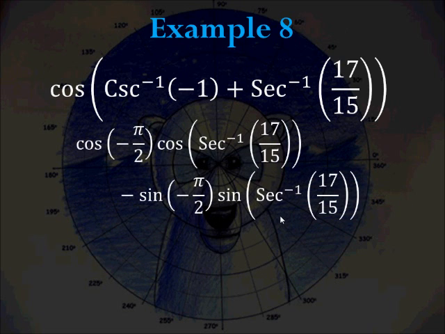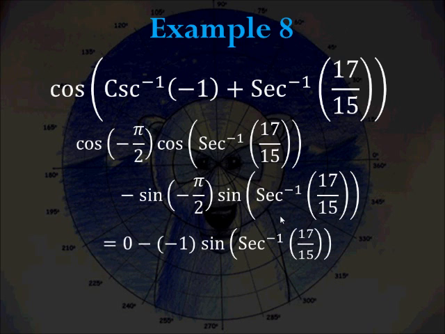So let's substitute in negative pi over 2 for the inverse cosecant of negative 1, and this is what we get. The cosine of negative pi over 2 is 0, because that's like the cosine of negative 90, or the cosine of 270, is 0. Meanwhile, for the sine of negative pi over 2, negative pi over 2 is in the quadrantal between the third and fourth quadrants, so it's going to be negative 1.